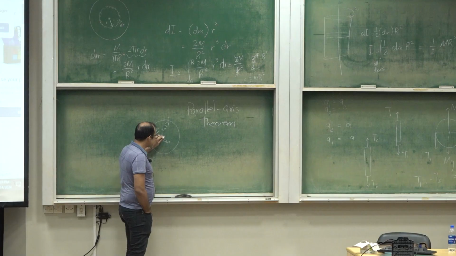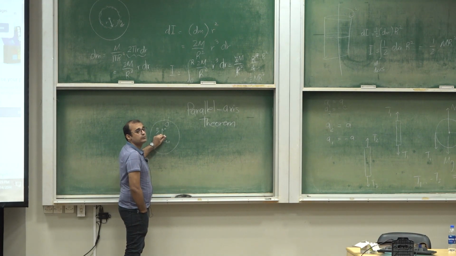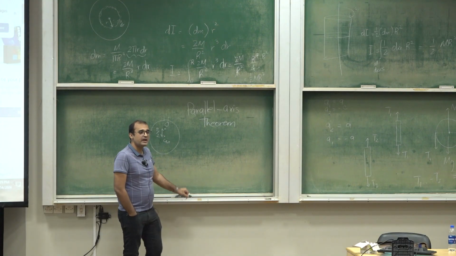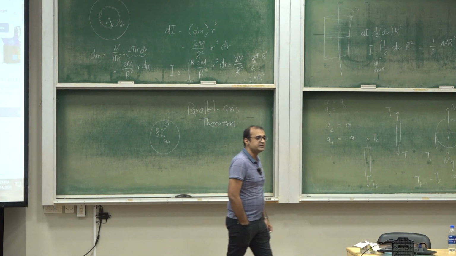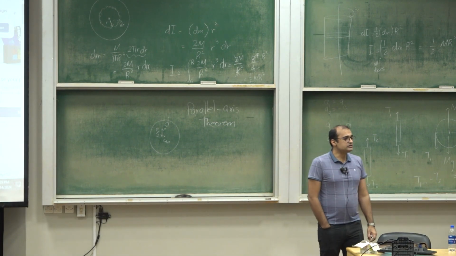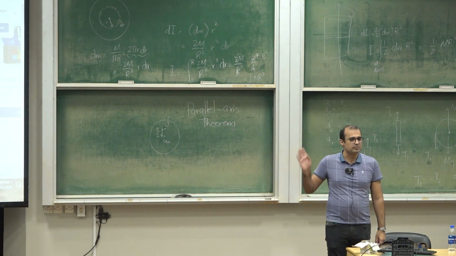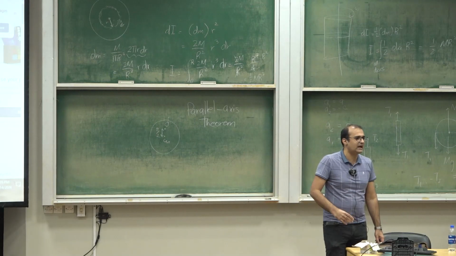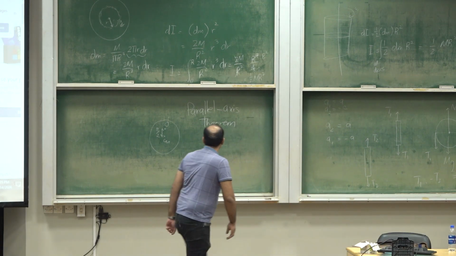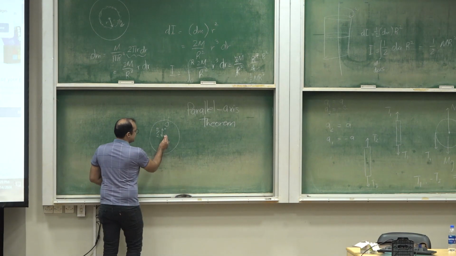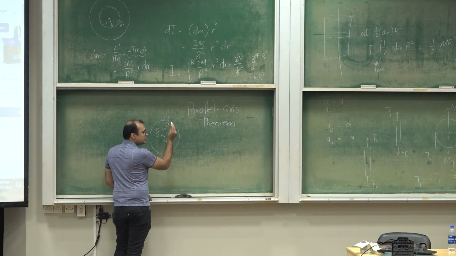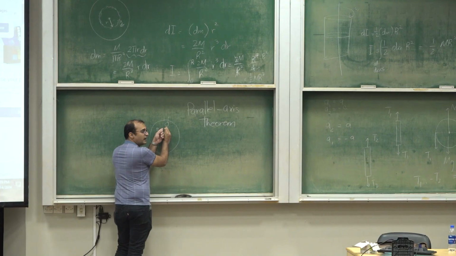So there's one axis passing through the center of mass, and you know the moment of inertia about it. Generally, whatever moments of inertia are listed in the formula sheet or tables are for an axis passing through the center of mass. It's understood that by applying the parallel axis theorem you can find it about any other axis quite easily. So you know the moment of inertia for this axis. Your objective is to find the moment of inertia about this axis, that is, where the nail is fixed and you rotate the disc about it.